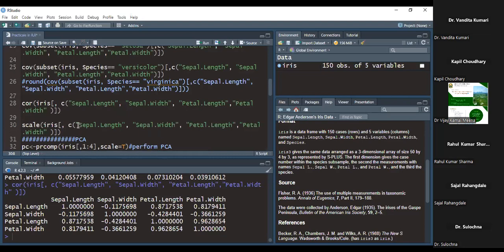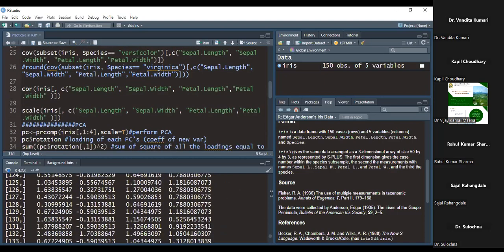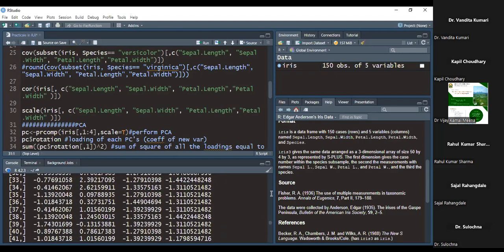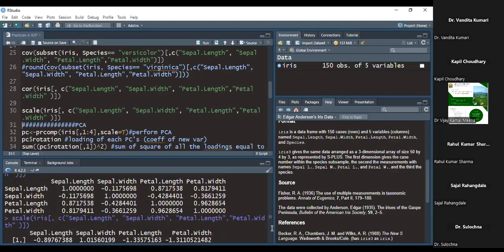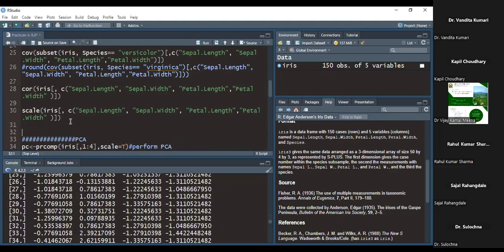So we are going to select only the columns sepal length, sepal width, petal length, petal width. Let's run this. So this gives us the scaled values for all 150 rows of the data set.